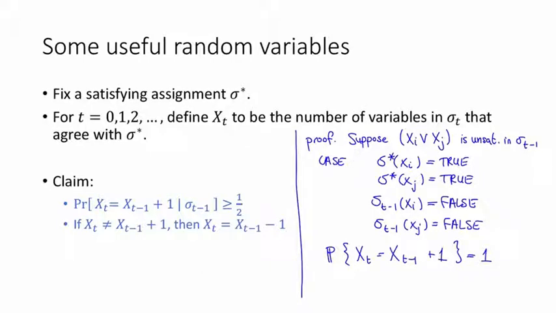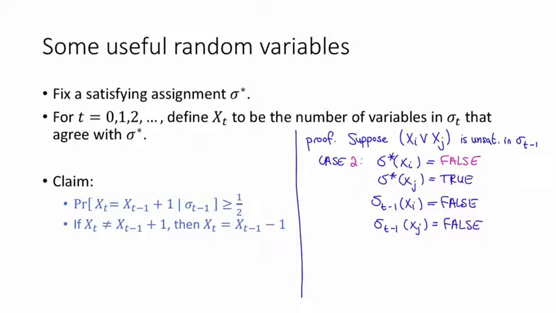In the second case, let's say that in sigma star, one of these variables is false. So now in this case, what is the algorithm going to do? It's going to choose one of these two variables at random to flip. With probability a half, this false will become true, which will decrease the agreement with sigma star, because sigma star was false here. And with probability 1/2, this false will become true, which will increase the agreement with sigma star, because sigma star was true on xj.